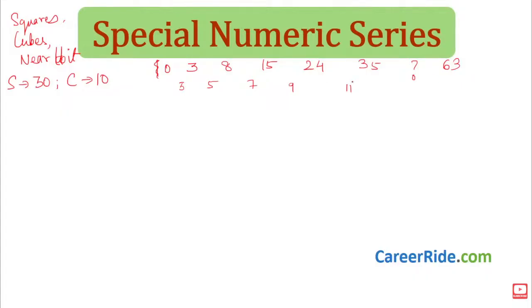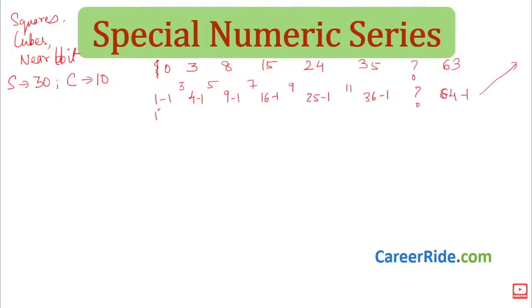Now over here we have taken smaller values. If you go on increasing, you will realize that the difference is increasing more and more. If you observe very closely, 0 is nothing but 1 minus 1, 3 is 4 minus 1, 8 is 9 minus 1, 15 is 16 minus 1, this is 25 minus 1, this is 36 minus 1, question mark we don't know, and this is 64 minus 1.